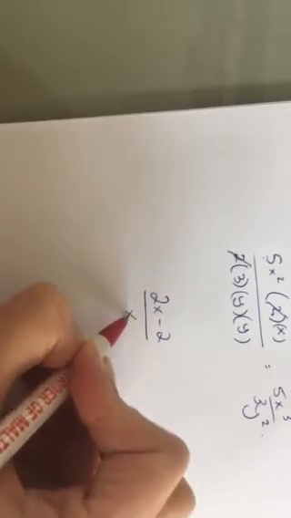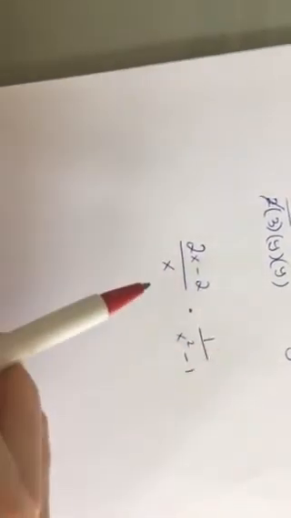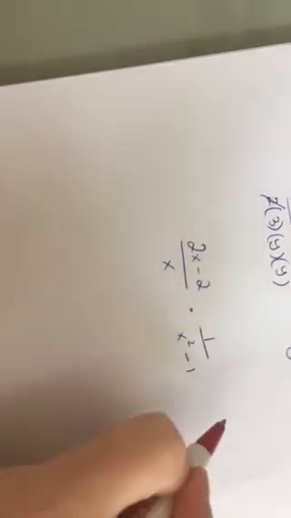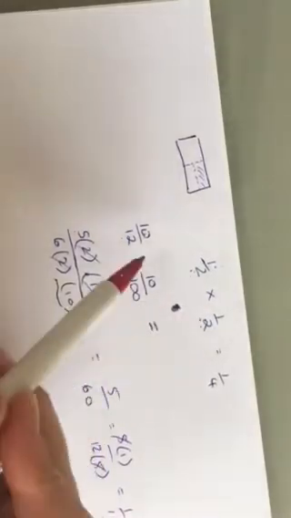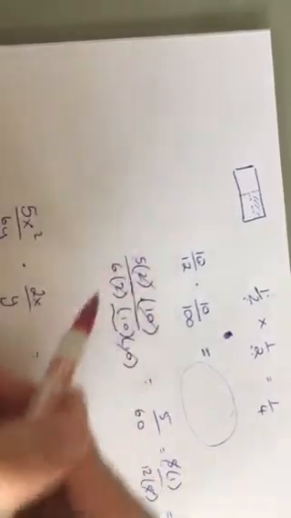Again, you could get trickier ones. Let's say 2x minus 2 all over x multiplied by 1 over x squared minus 1. So you can go top by top, bottom by bottom, as we did up here. But maybe I should simplify first.